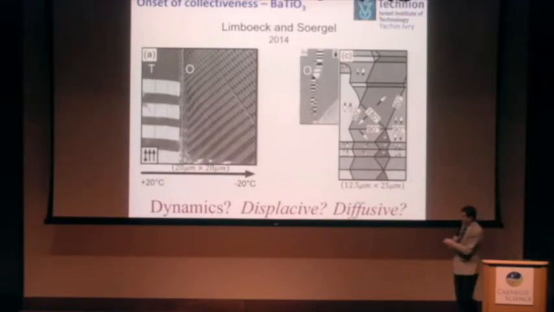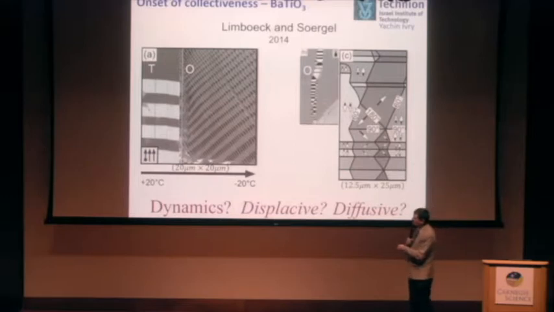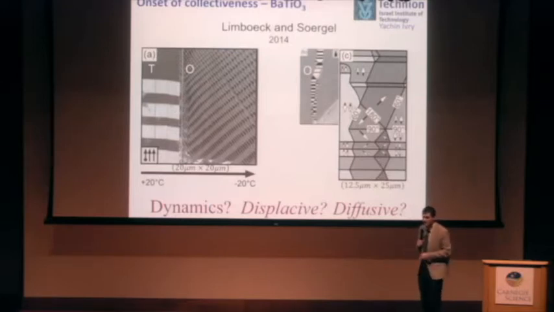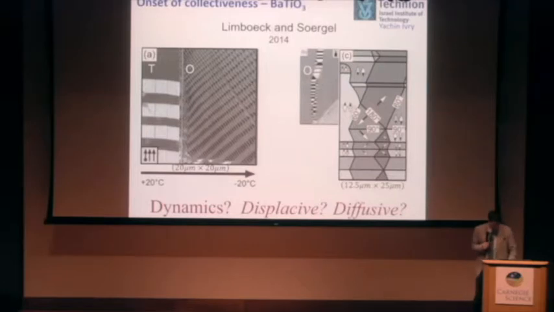So here you change temperature. You take a very slow scan. This is rastering, it's AFM, and then you change it from plus 20 degrees to minus 20 degrees while you scan in the AFM.